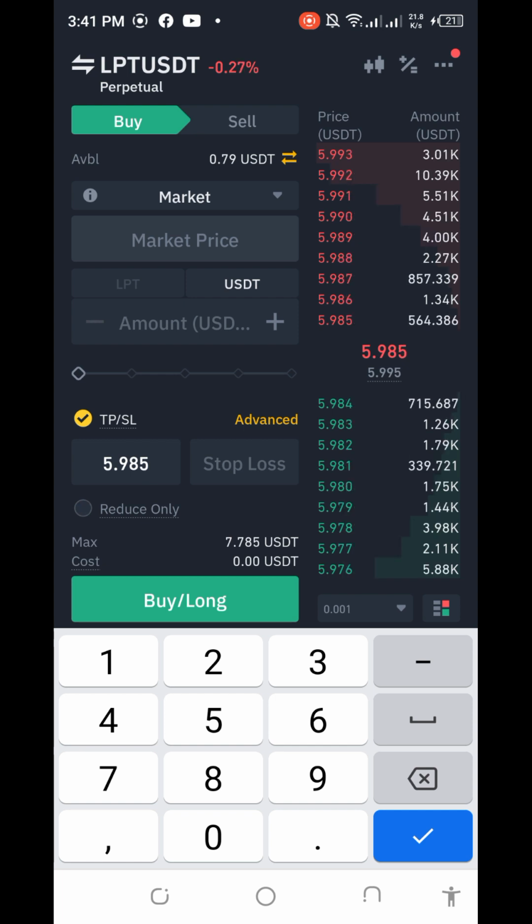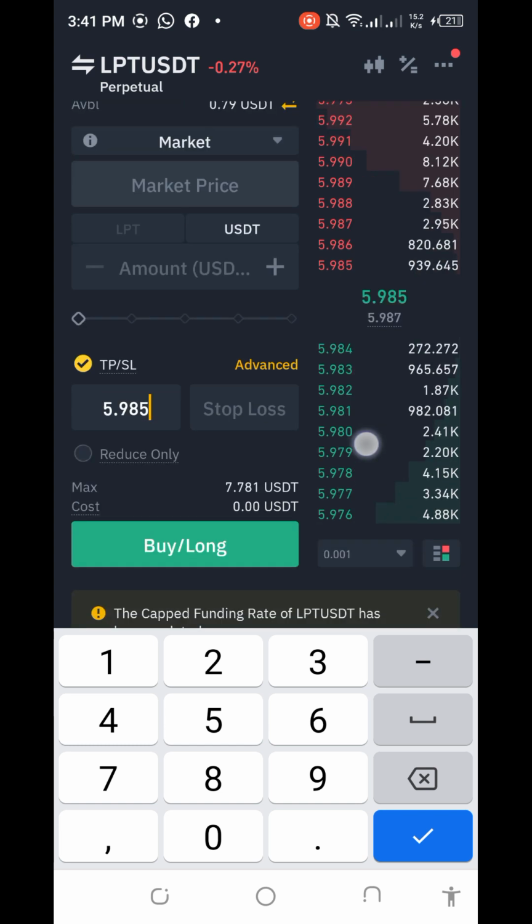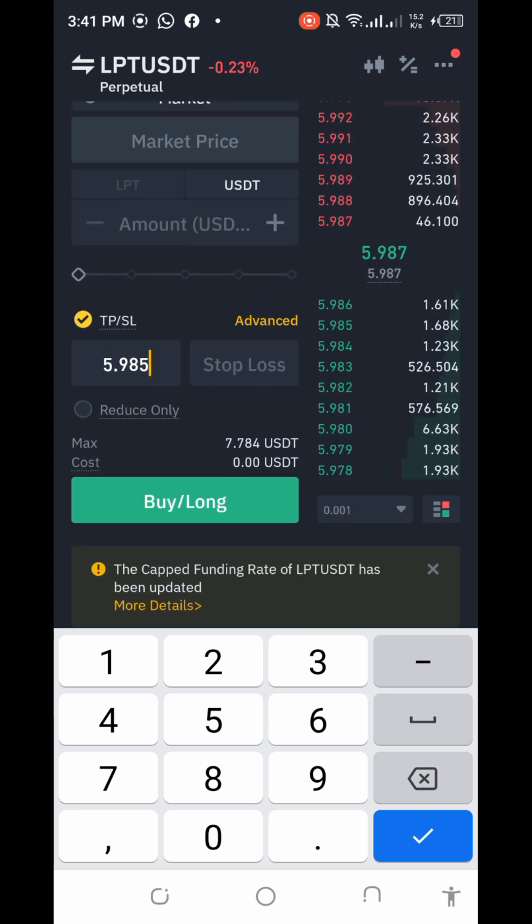If I want to take my profit at this level, once the market reaches this 5.985, it will just claim my profit, even when I'm sleeping. Everything will return back to my wallet on this particular coin. That is why we set this take profit and stop loss.